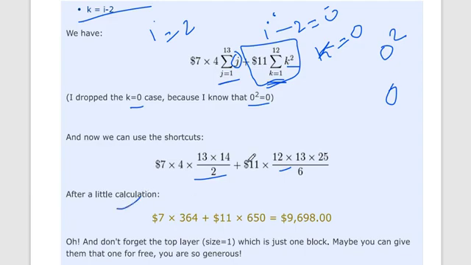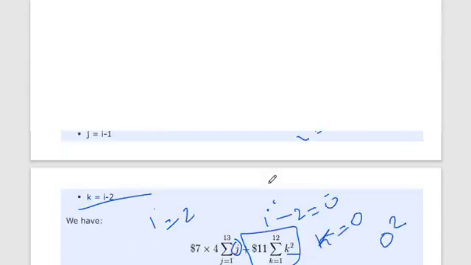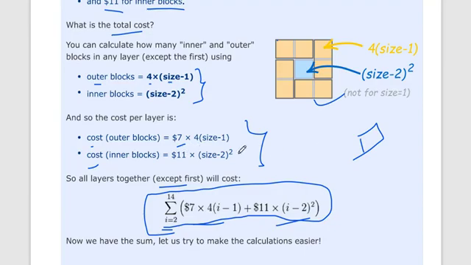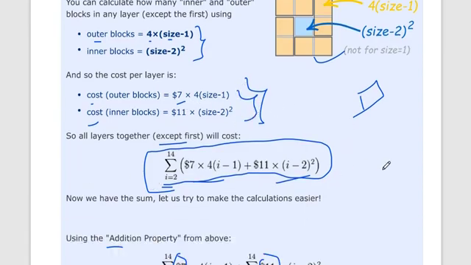So after calculation we have the answer for all the cubes. But we have not yet calculated the first layer. This formula is for the second layer, i is equal to 2.